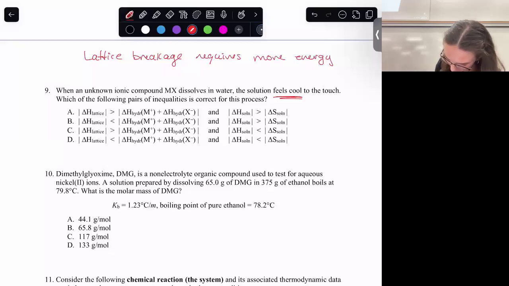We know that B and D we can get rid of, because delta H of the lattice has to be bigger than delta H of hydration. And what do we know about this portion here? What's different here?